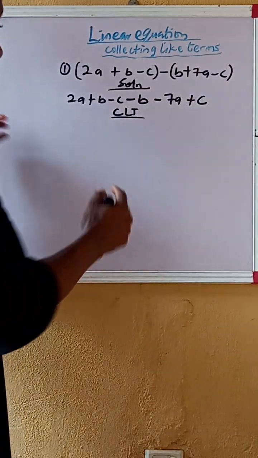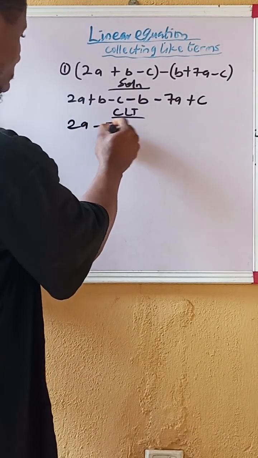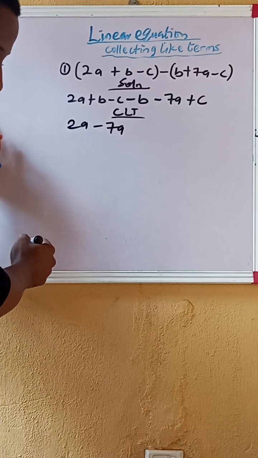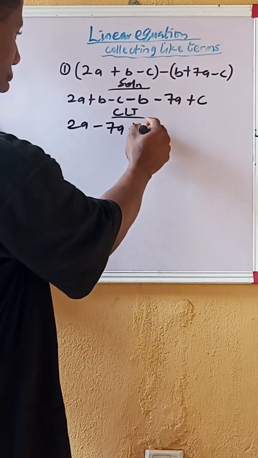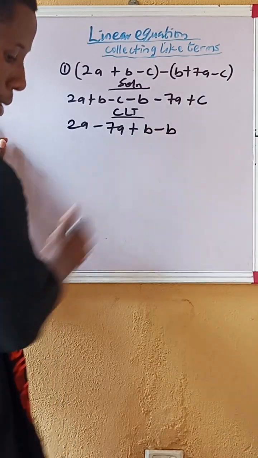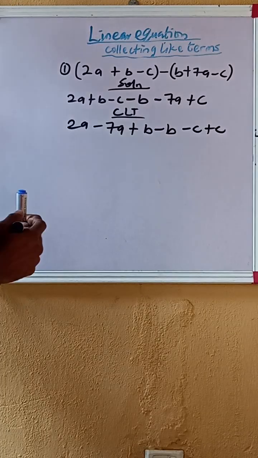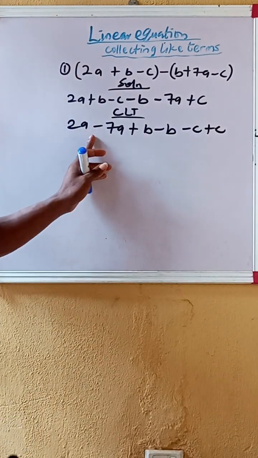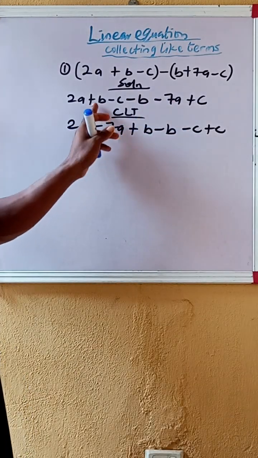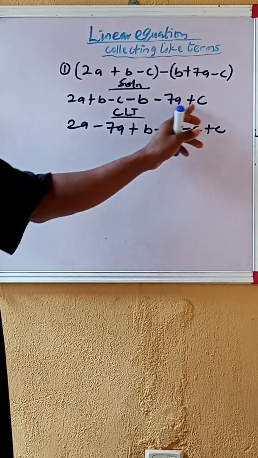So if we do that, we are going to have 2a minus 7a, because we have a here, then plus b minus b, minus c plus c. All right. So we have 2a minus 7a plus b minus b minus c plus c.